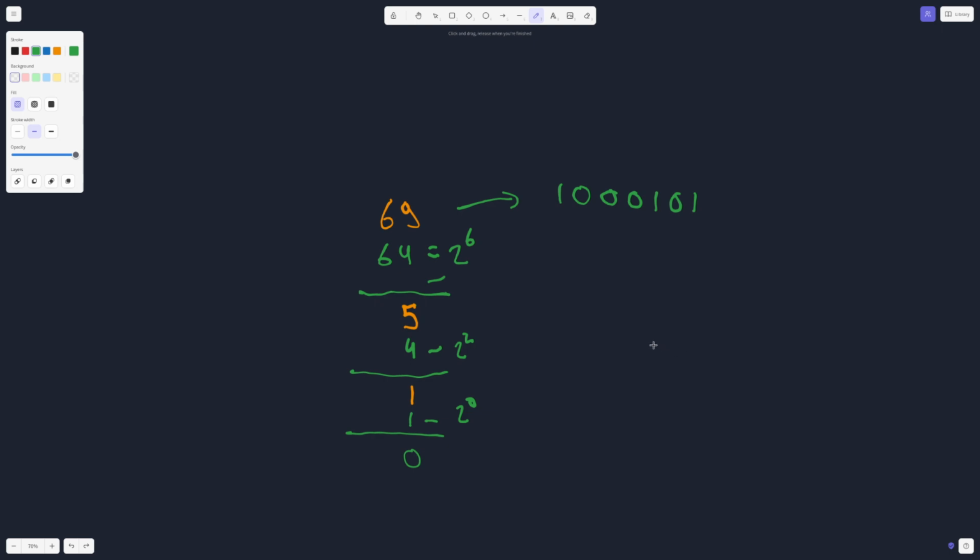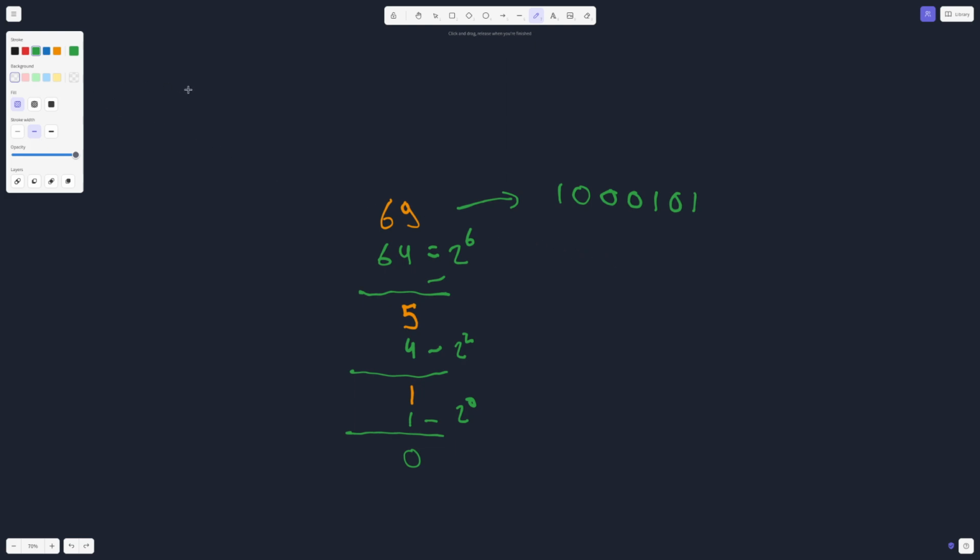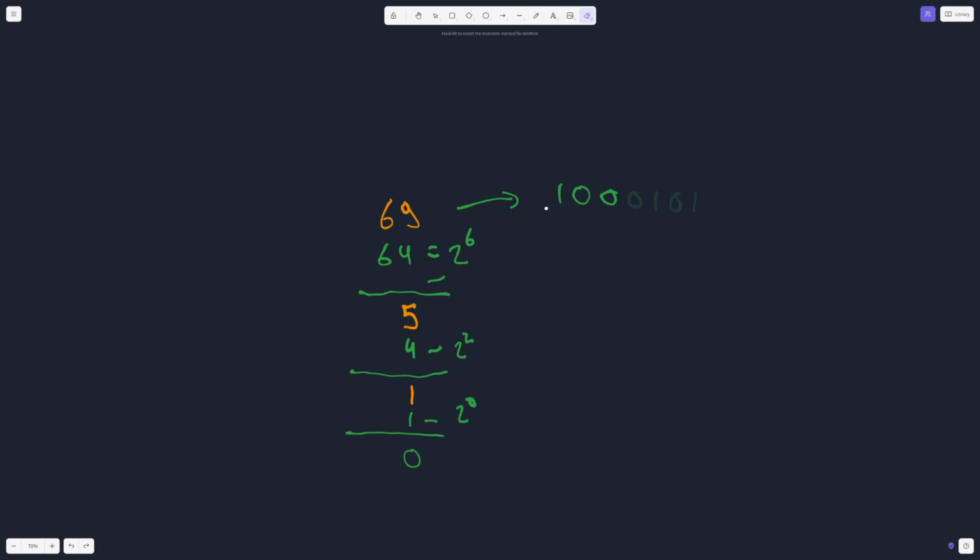The other way around, suppose we have a different number. So let's go ahead and look at this thing with 1101001000. Let's see if I can remember that. After I remove all of this.